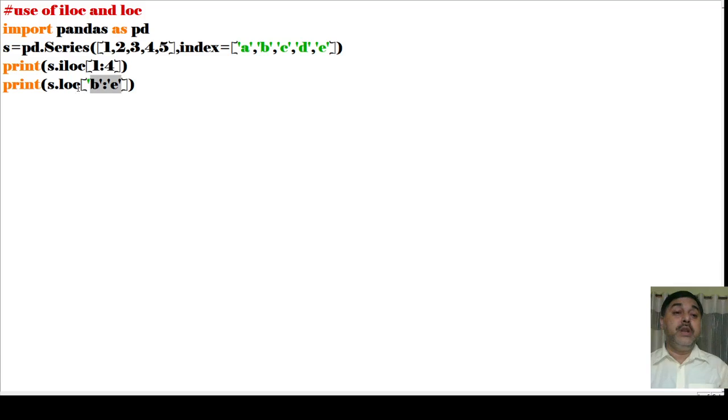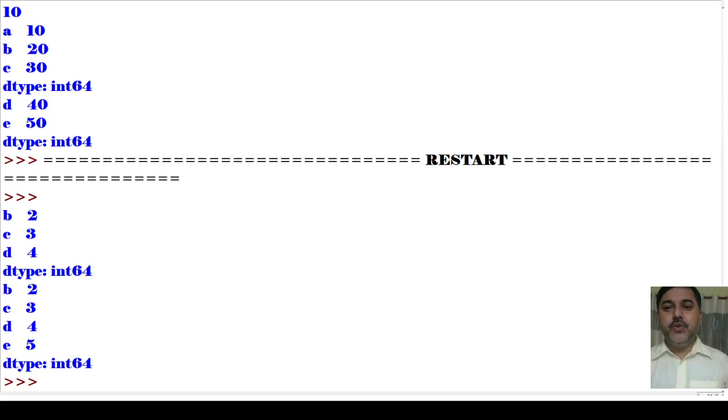After that what I have done, iloc and loc. Okay, now let us run the program and see what output it is going to show us. So here you see the output. What is the output?